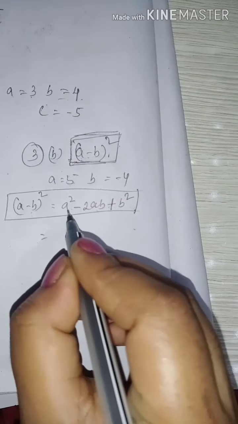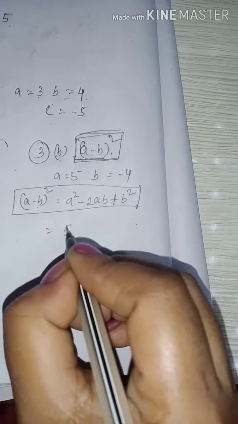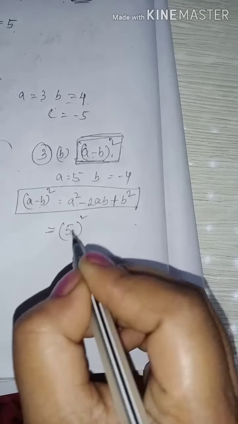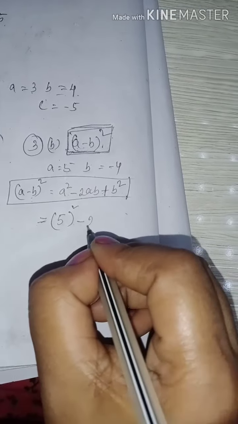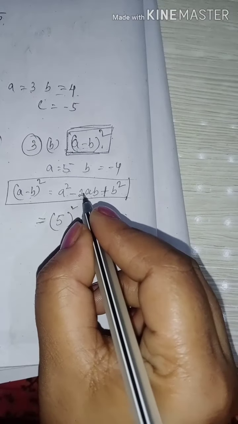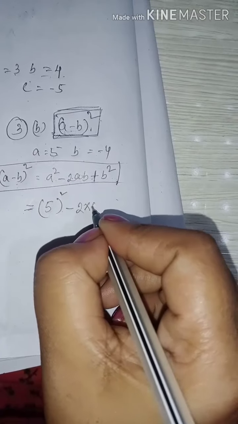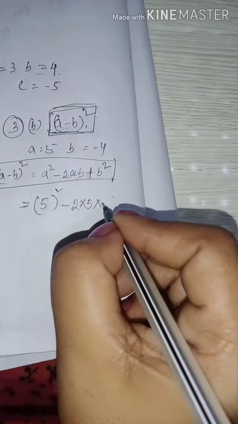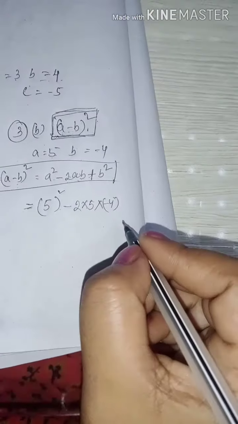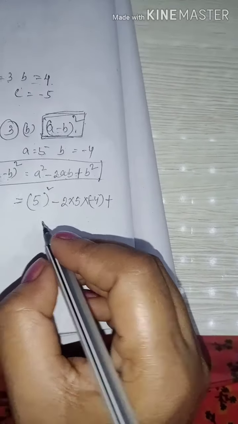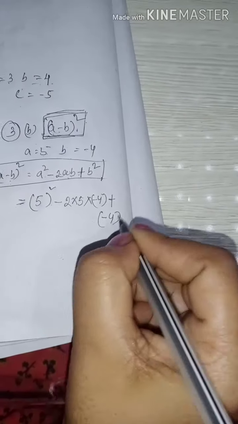So see, what is a square? There is 5 whole square, minus 2ab, where the product is taken. 2 into a, that is 5, into b, that is minus 4. Plus b square, that is minus 4 square.